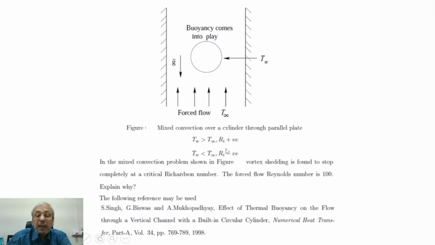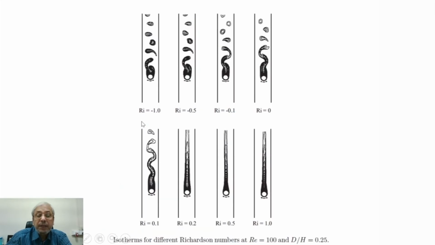So this is what we have explained earlier, that this happens, and obviously this is something very unusual, but as I said, when free convection is superimposed with forced convection, plenty of interesting and novel features can be observed.